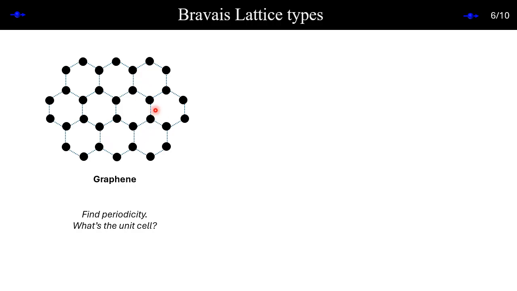So first of all, is it a Bravais lattice, or do you think we have a periodic structure here? Is it periodic? Then what is the periodicity? If I'm asking what is the periodicity, I'm asking what is the unit cell. Hexagon? If it is hexagon, okay.